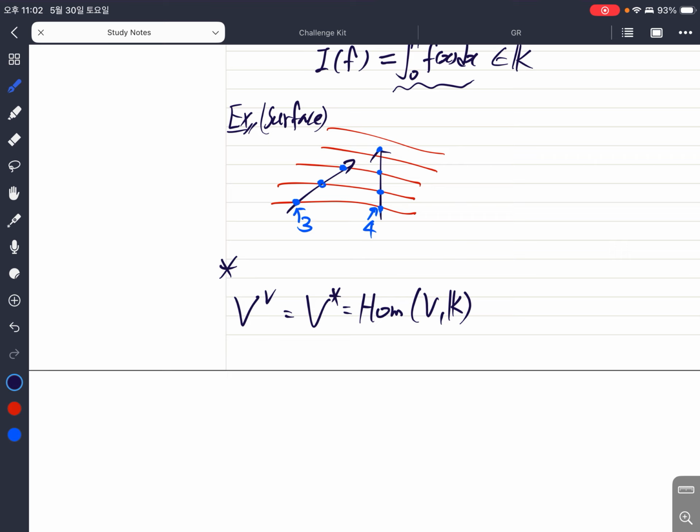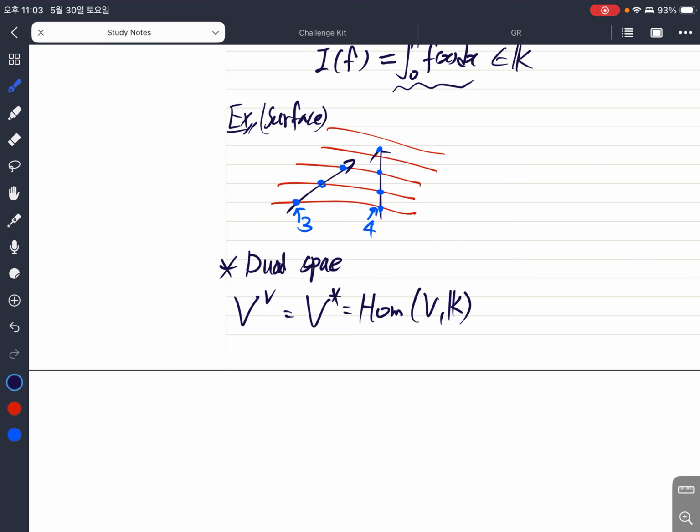Because it is also a linear map, and we have learned just last time that linear maps also form a vector space, this is also a vector space called a dual vector space, or just a dual space. So if you have a V, you can always define a dual space, which is a vector space of linear maps sending the element of V to a scalar.